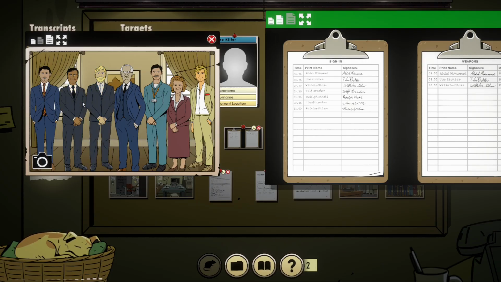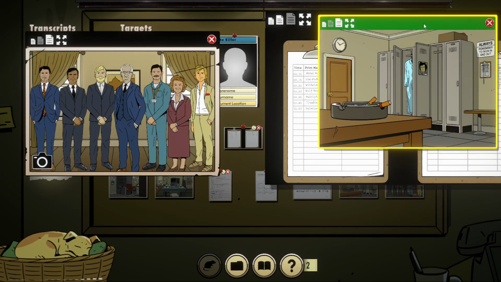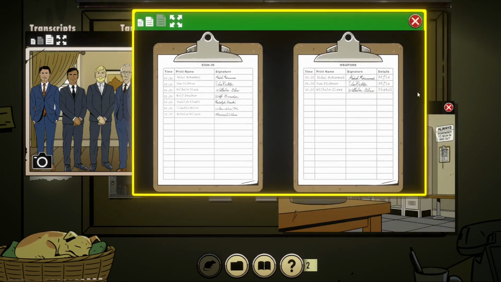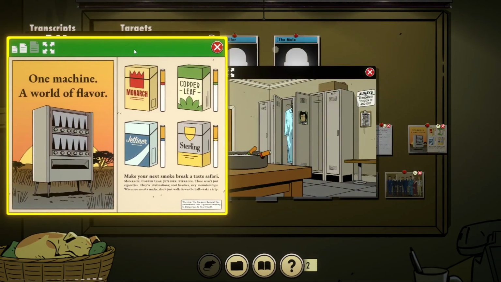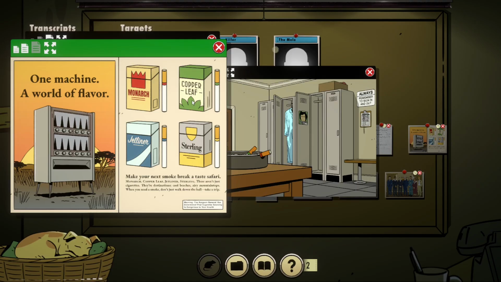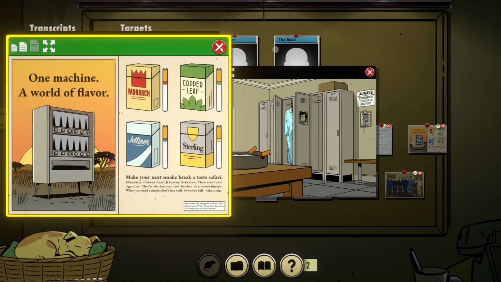Look, I'm not going to say that might be Abdul. Hold on. Okay. See, these are Copperleaf and Monarch cigarettes. Copperleaf is probably the... When did we get this one?